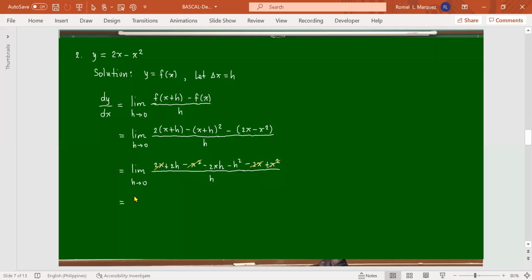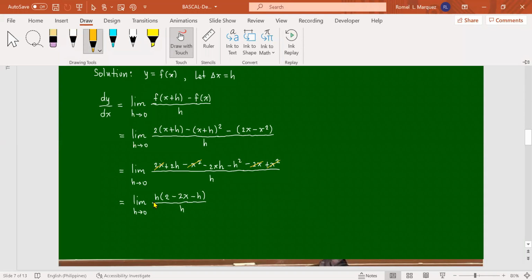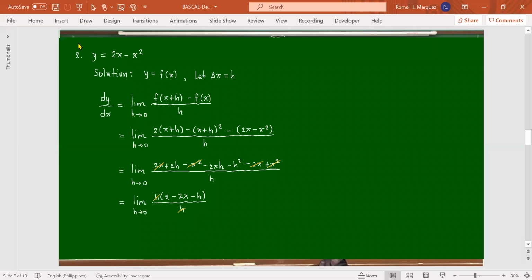Okay? I can factor out h. What is the factored form of the numerator, guys? I can factor out h here. So h times 2 minus 2x minus h all over h, from which I can now cancel this. Remember, my variable in the limit is h.